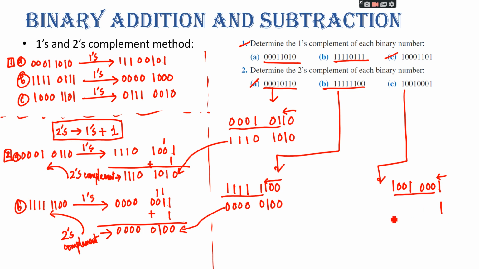So what should that be? 0 1 1 0, then again 1 1 1. That should be the 2's complement of this number. Is there any confusion or question so far? No, sir.